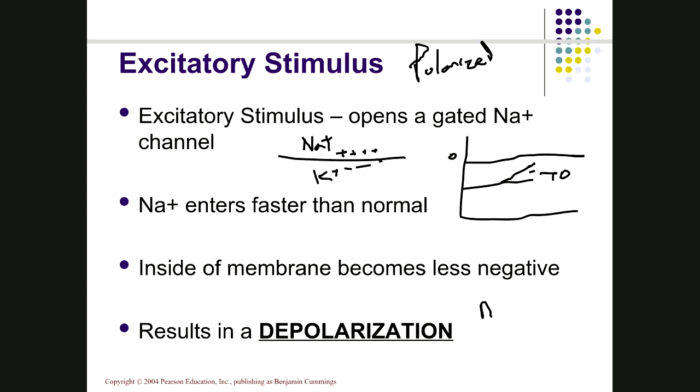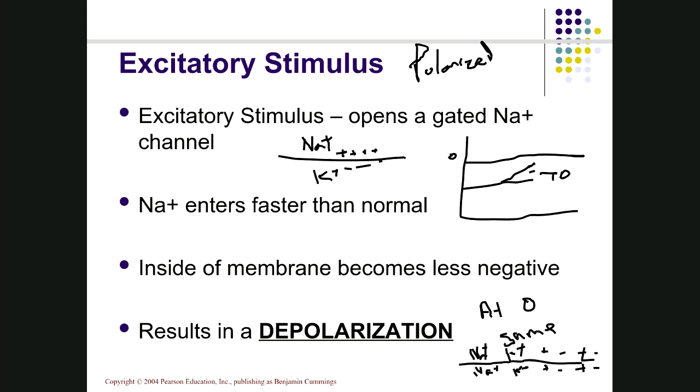At zero, the two sides are exactly the same. In other words, you have just as much sodium inside as you do outside. Just as much potassium inside as outside. And the charge on the two sides is exactly the same. In other words, there's no voltage.